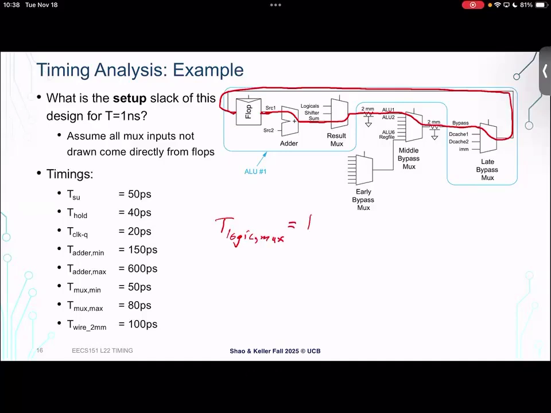So we went through an adder, and then we went through 3 muxes, and then 2 wires.